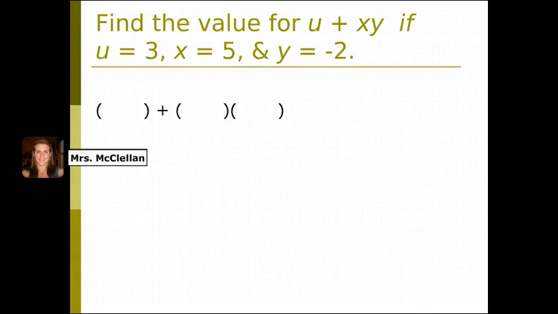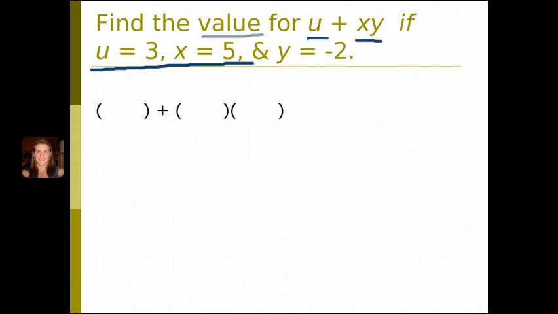Find the value for u plus xy if u equals 3, x equals 5, and y equals -2. Now this is a plug and chug question because of our keyword value. What this means to do plug and chug is that we are going to replace our variables in the problem with the values that they gave us.